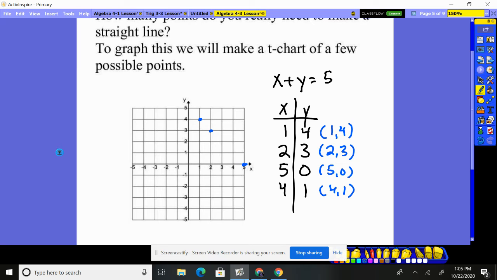We walk over to it and then we reach up or reach down. And then over 4, up 1. Notice we only really needed 2 points, but we did 4, and notice they're all in a perfect straight line. That pretty much guarantees in our brain that, hey, that's the exact picture that we want. That's the exact graph of x plus y equals 5.